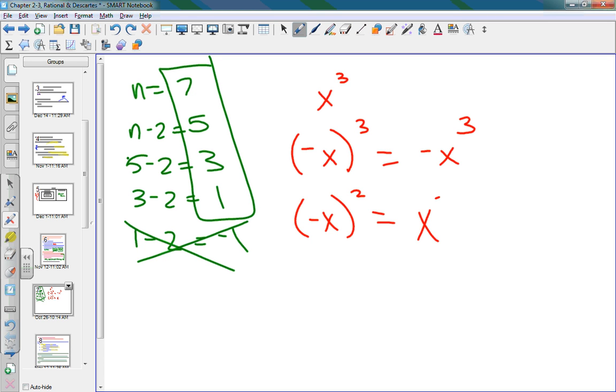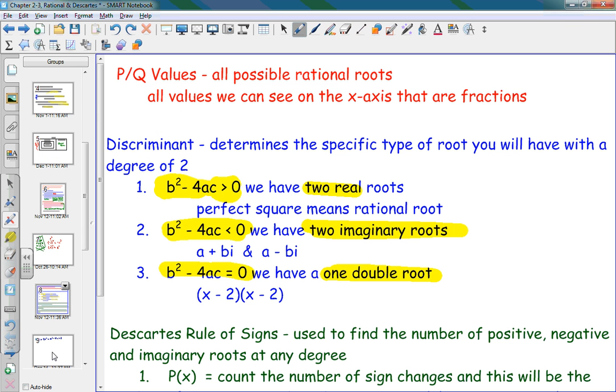So the only degrees that are going to be affected by replacing x with negative x are degrees that are what? Odd. Even powers will not change, but an odd power sign will change. And we'll talk about that here in a minute. Now, the next slide.